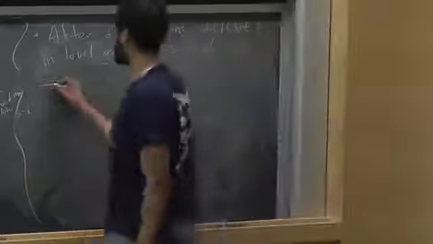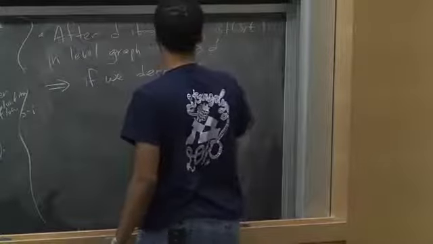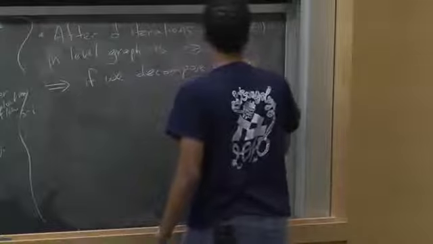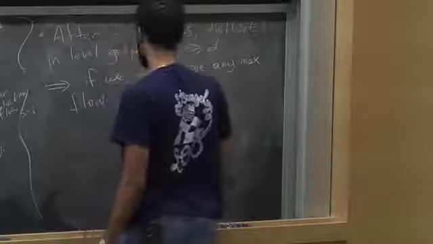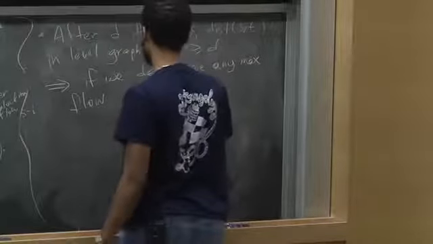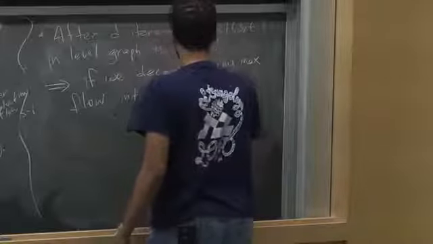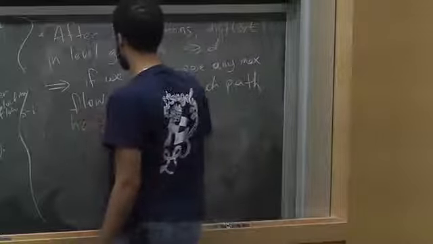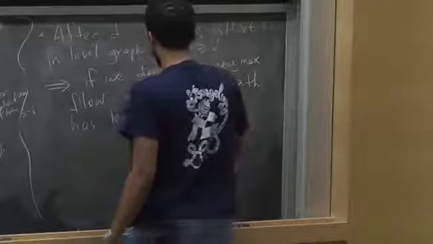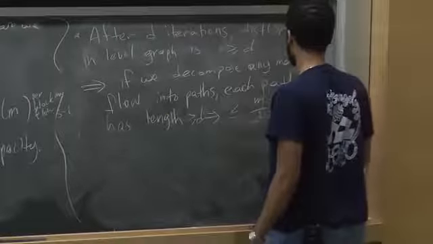Which implies that if we decompose any max flow into paths, each path has length at least d, which implies that there are at most m over d paths.